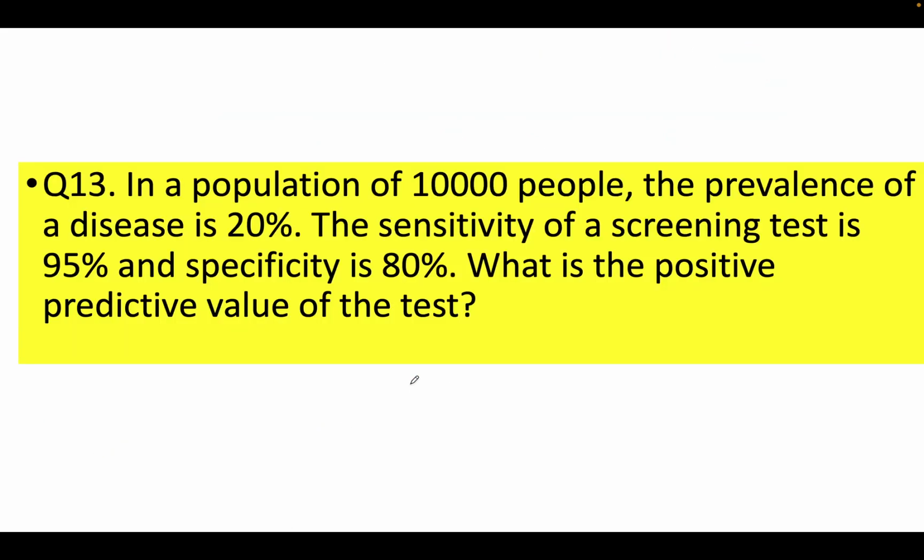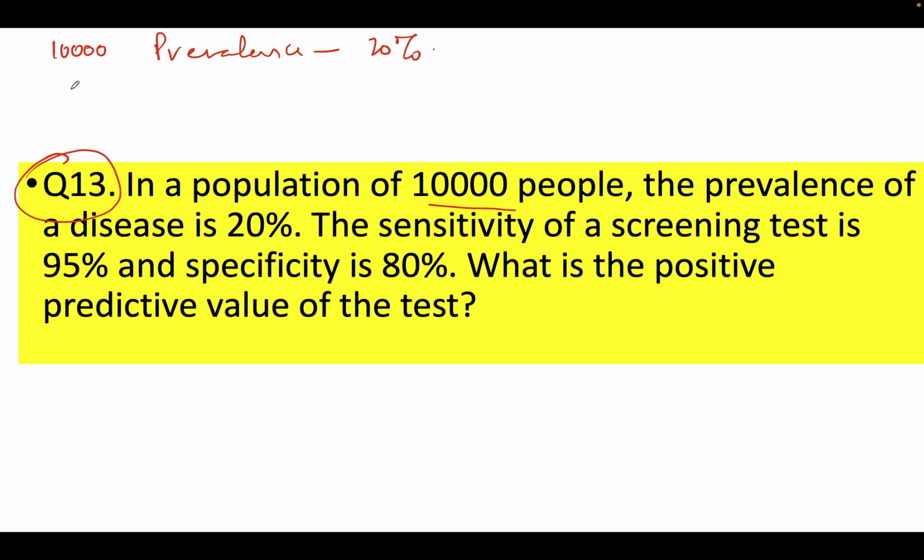Okay, let's go to the third question. Question number 13. In a population of 10,000 people, the prevalence is 20%.